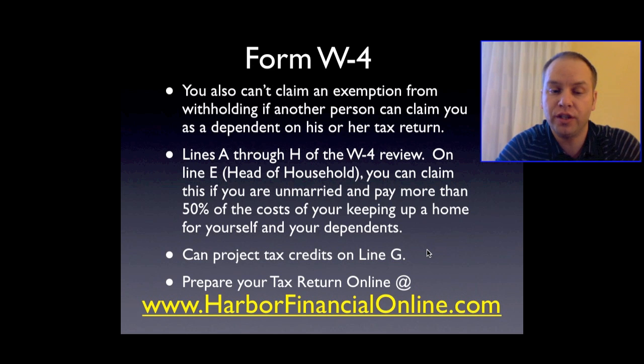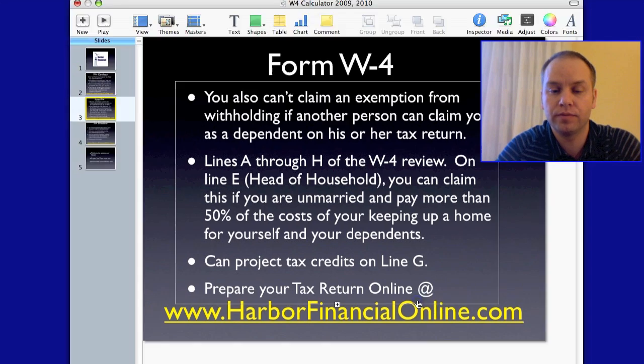Now on line G, you can project tax credits, like the child tax credit I talked about. If you think you're going to get the child tax credit, you're going to complete line G, and you'll have less tax withheld, which will be more money for you when you get paid.